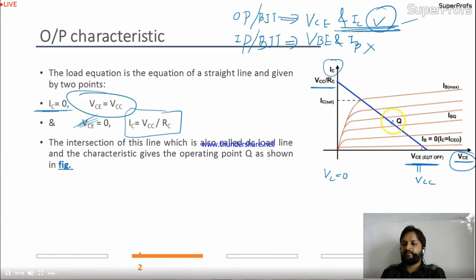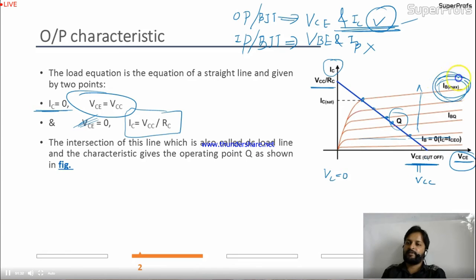And this we call the Q point over here. Okay, whenever the characteristic curve cuts the load line, we'll call it the Q point. These are different characteristics for different values of IB. Is it okay?